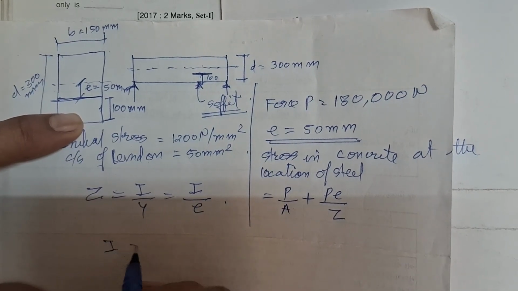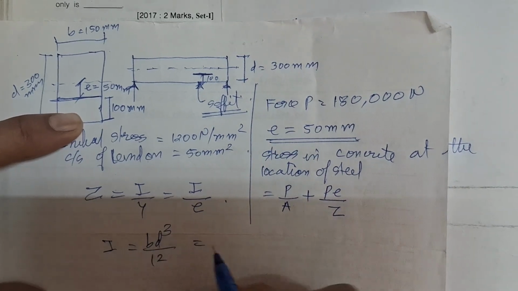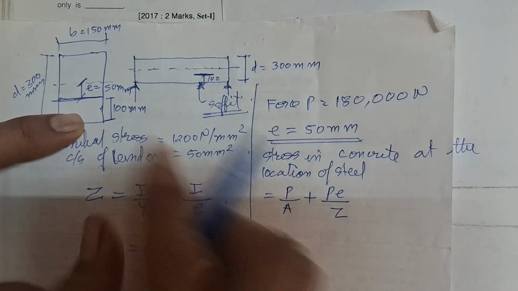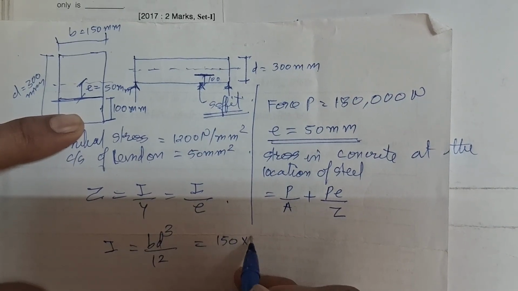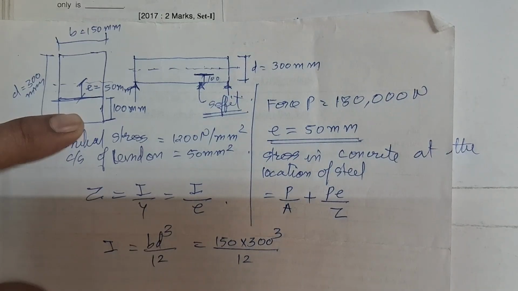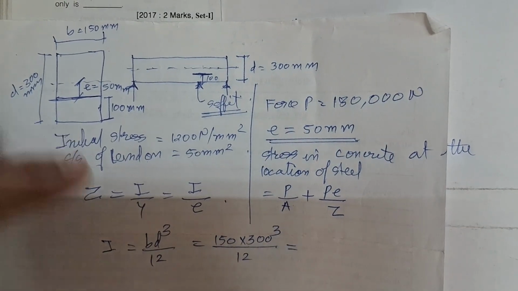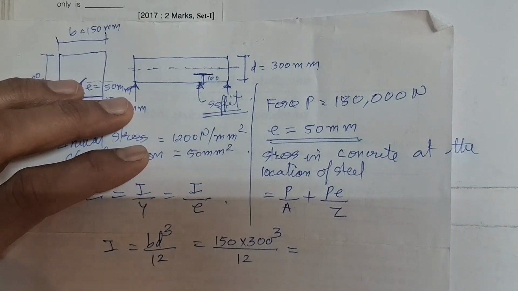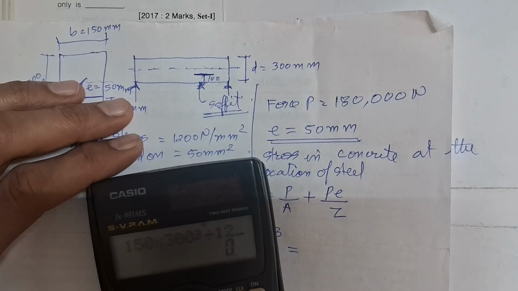I is BD cube by 12, where width is 150 and depth is 300, so it is 150 into 300 cube divided by 12.